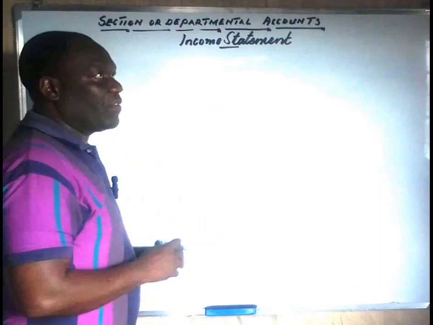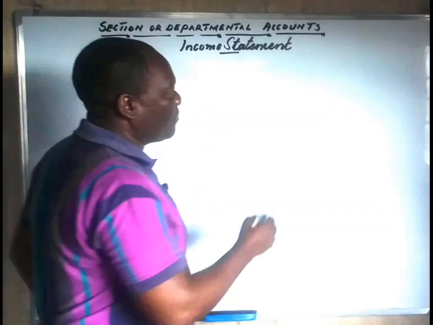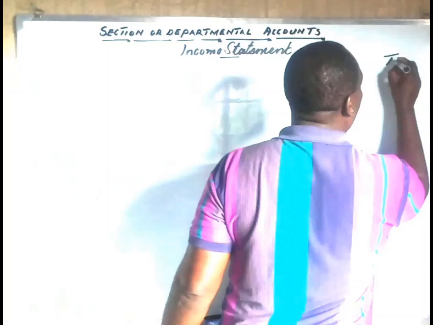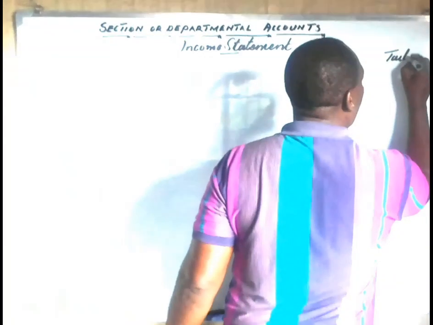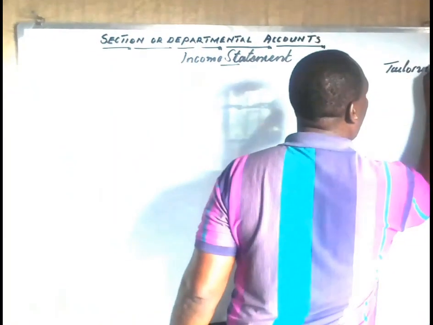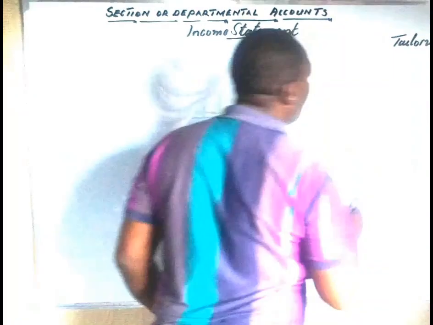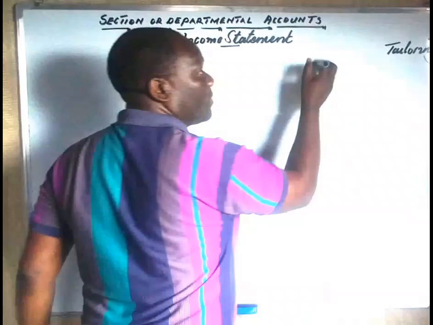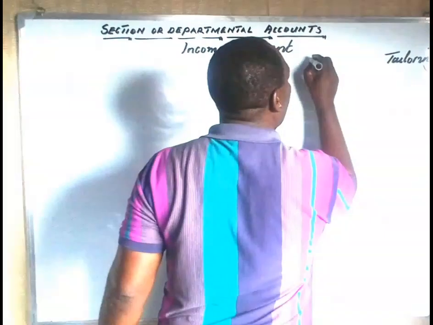So we have 3 sections. The first one is tailoring. I'll write my tailoring here. Then I'll leave a space here and put my metal fabrication here.